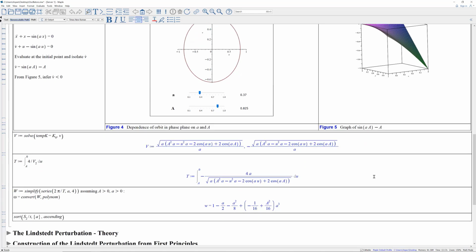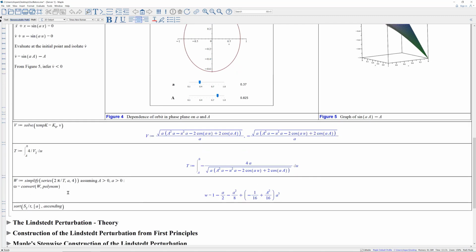And I want to go from that to omega. But this is a difficult integral to evaluate. So what I'm going to do is look at omega, angular frequency, which is 2 pi over the time, and expand that in a series. Well, I have to convert that to a polynomial because this will come out with a big O symbol on it. And there's omega.